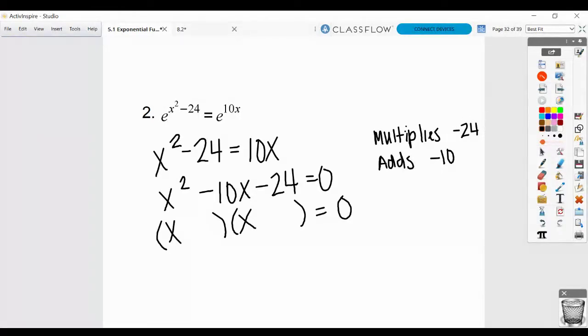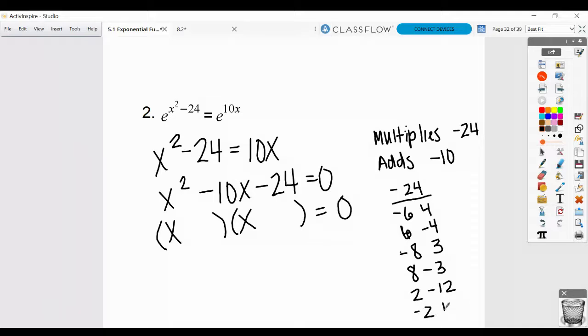So factors of negative 24, you've got negative 6 and 4, 6 and negative 4, negative 8 and 3, 8 and negative 3, 2 and negative 12, negative 2 and 12. So which one of these adds to negative 10? It's this one. So you would have a plus 2 and a minus 12.